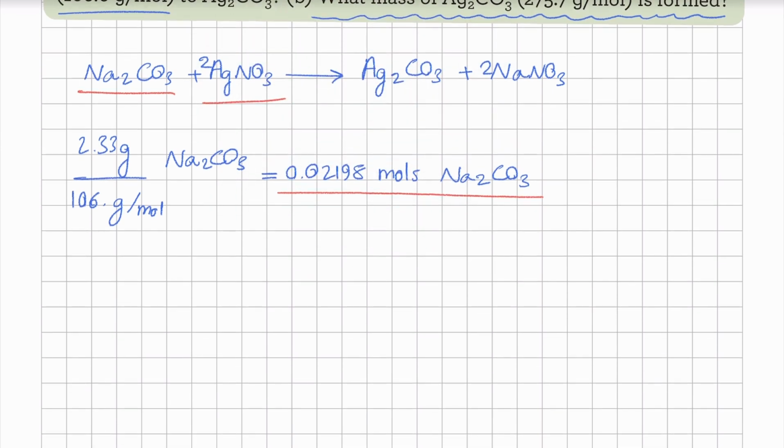So to calculate the moles of AgNO3, we can say 0.02198 times 2. It can give us the moles of AgNO3. So that would be 0.04396 moles of AgNO3.